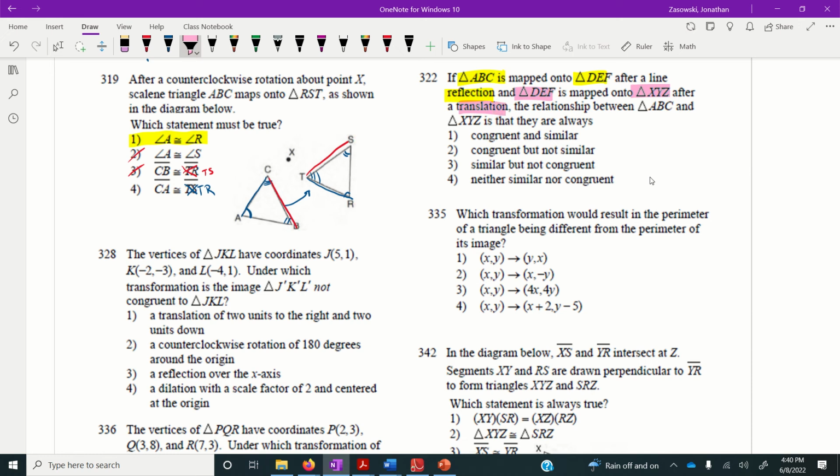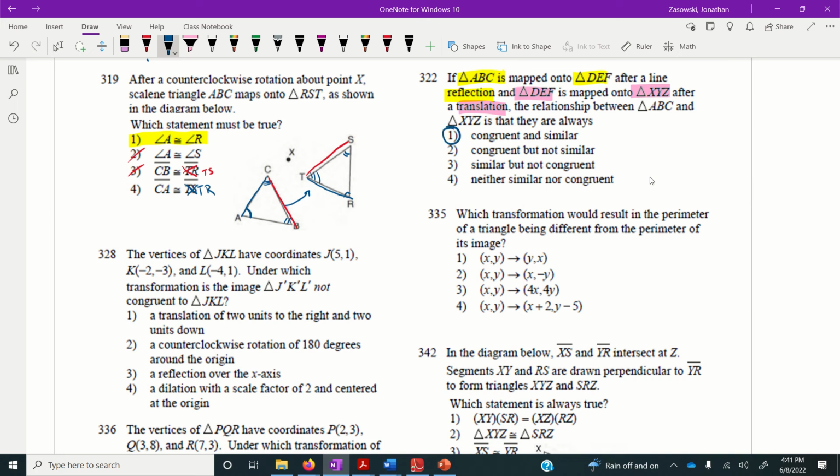So remember that if we are doing a reflection and a translation, that's preserving distance, it's preserving angle measure. The only one that doesn't is a dilation. So they are going to be congruent, okay? And if they're congruent, they're also going to be similar. So it should be choice number 1 because all the angles are equal as well.